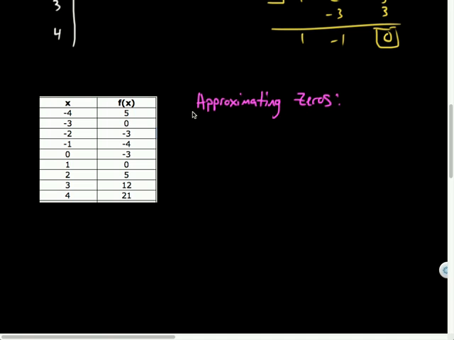Well, in this case, I'm lucky. Where does an x-intercept occur on this, according to the chart? One occurs at -3, right? And how do I know that's an x-intercept? Because the output was 0, and one occurs at 1.